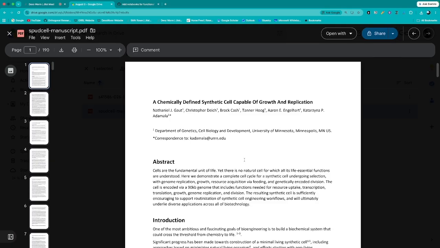In this paper, they use a chemically defined synthetic cell. So what they're doing is building this minimal cell, the minimal properties of something that can be called a cell. We know that one of the tenets of biology is that cells are the minimal unit of reproduction and of life.